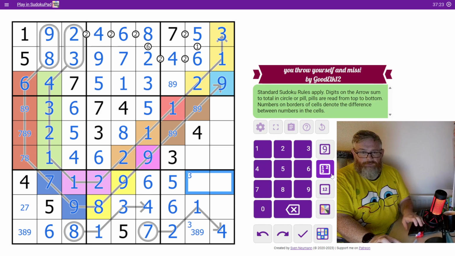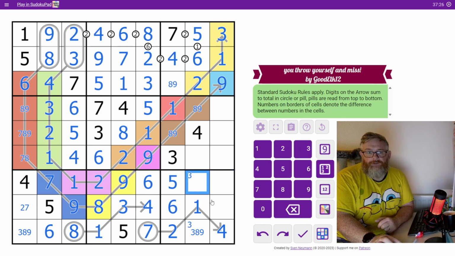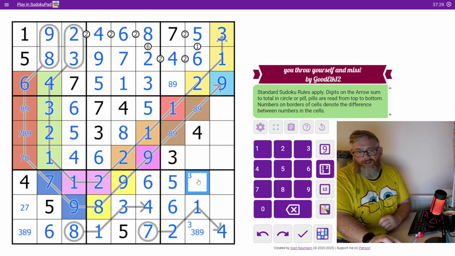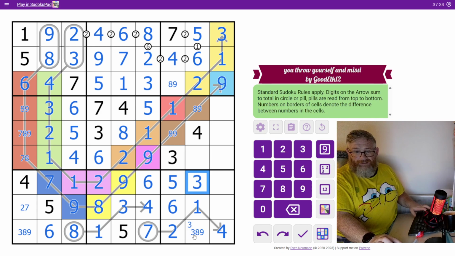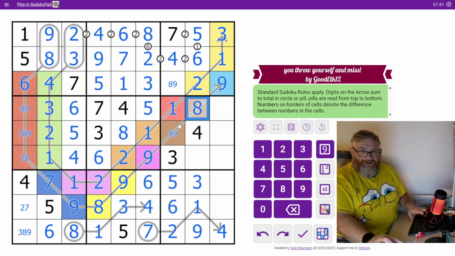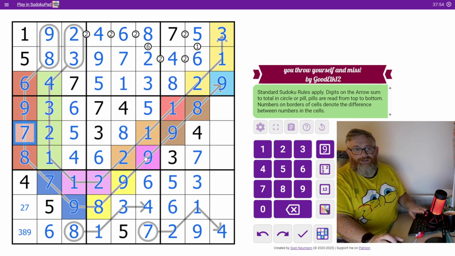So 5s. So this 3. Okay, so we've got to have a 3 in the row. It can't be there, so that is our 3. We've got 8, so that is our 9 down there. So there's our 8 and 9 and 8 resolved. This is missing a 7, I believe. So that makes that 8, which makes that 9, which makes that 7.